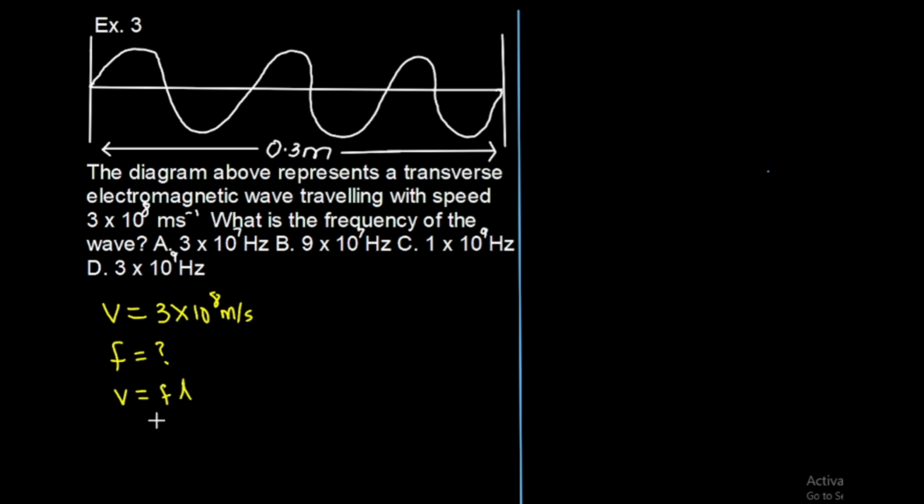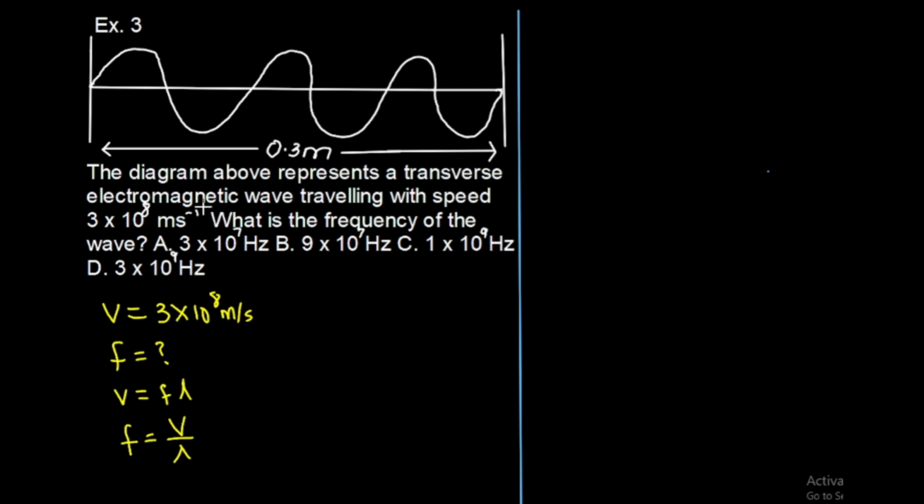To get frequency, we'll make frequency subject of the formula, and we have frequency equals wave speed divided by wavelength. So how do we calculate frequency? We need wave speed, which was given to us. We also need wavelength. Now wavelength was also given to us in the diagram, but it is not very clear. Alright, so how do we get it now?